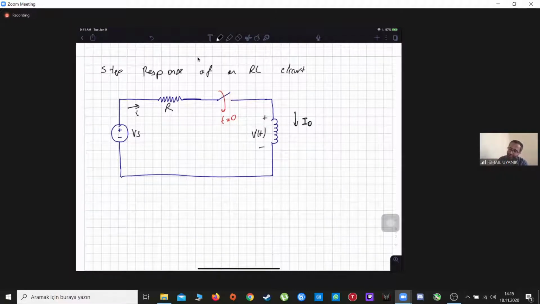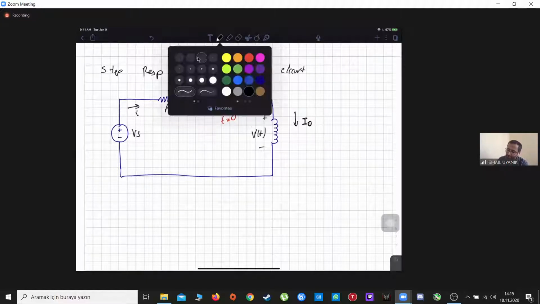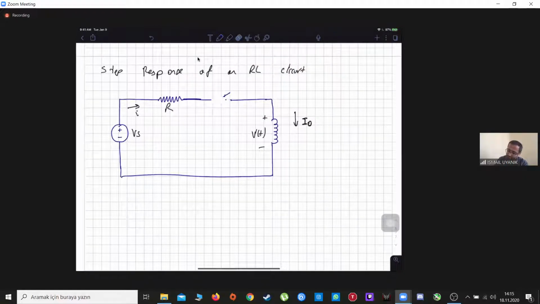Let's see how this circuit will behave after we close the switch. Let's write the circuit equations. For this case, I can simply write a KVL, summing the voltages around the loop and equating it to the supply voltage.